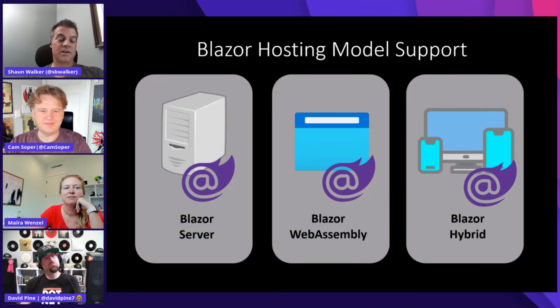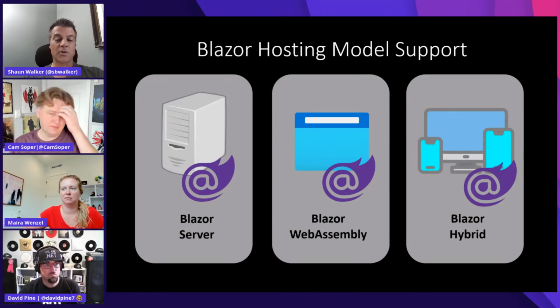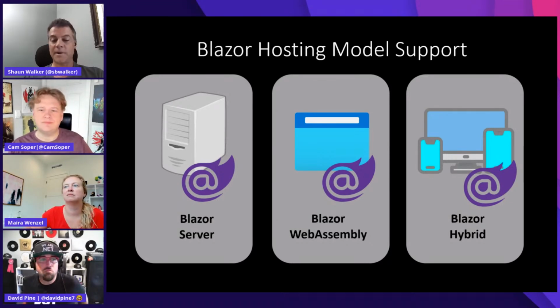Because an Oqtane installation is multi-tenant, you can specify that for tenant 1, I want to use Blazor Server, and for tenant 2, I want to use Blazor WebAssembly. So you can choose your Blazor hosting model per tenant. And that's all still part of the same runtime installation and same exact framework installation as well. This ability to pick and choose whichever Blazor hosting model you want has been quite a powerful feature for Oqtane.